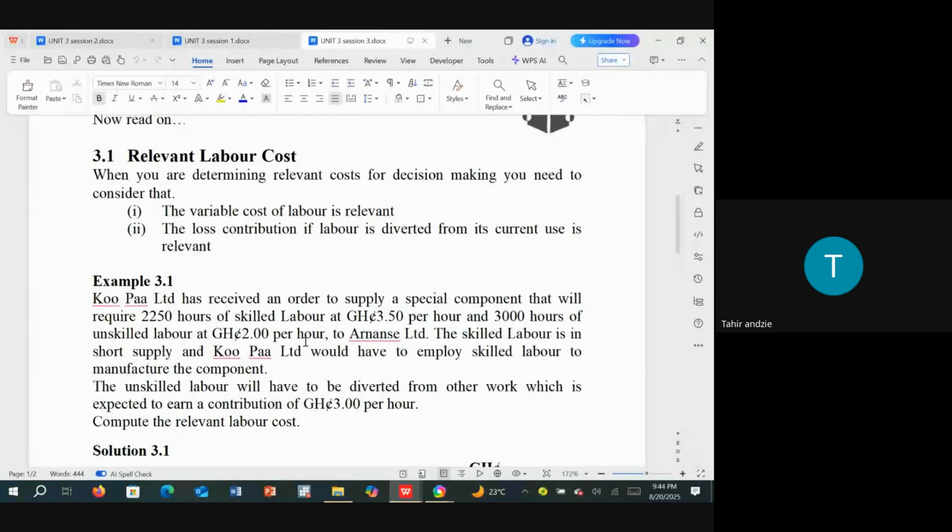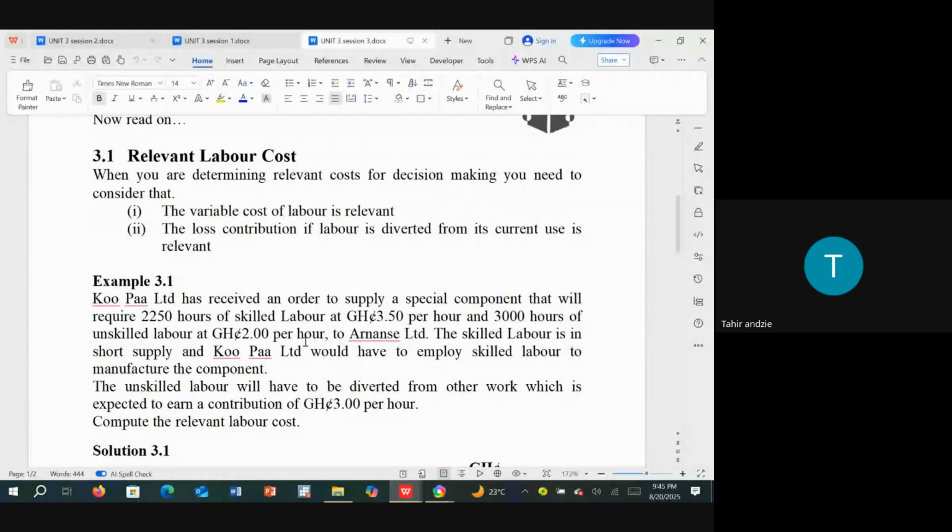The skilled labor is in short supply, and Copa Limited would have to employ skilled labor to manufacture the components. The unskilled labor will have to be diverted from other work, which is expected to earn a contribution of 3 cedis per hour. Compute the relevant labor cost.